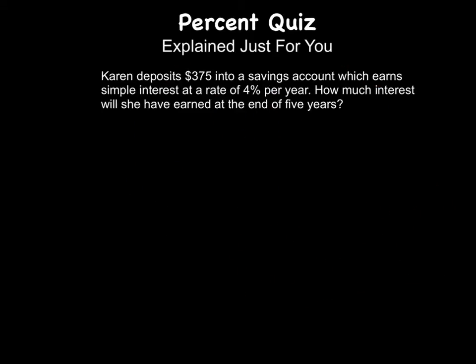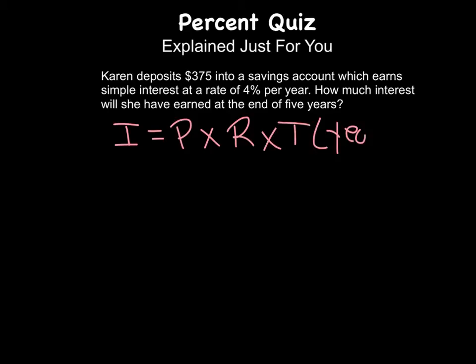Now we get to simple interest. Karen deposited $375 into a savings account, which earns simple interest at a rate of 4% per year. How much did it end up being in 5 years? So this should have been simple. We know that simple interest equals principal times rate times time, and our time is always going to be in years.